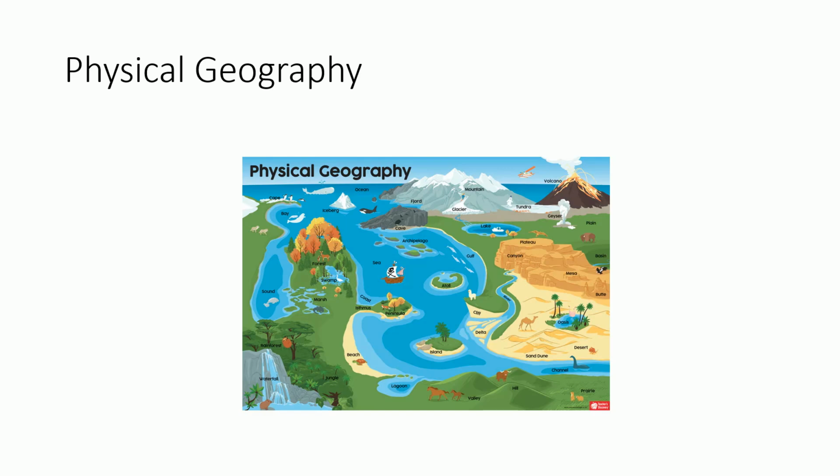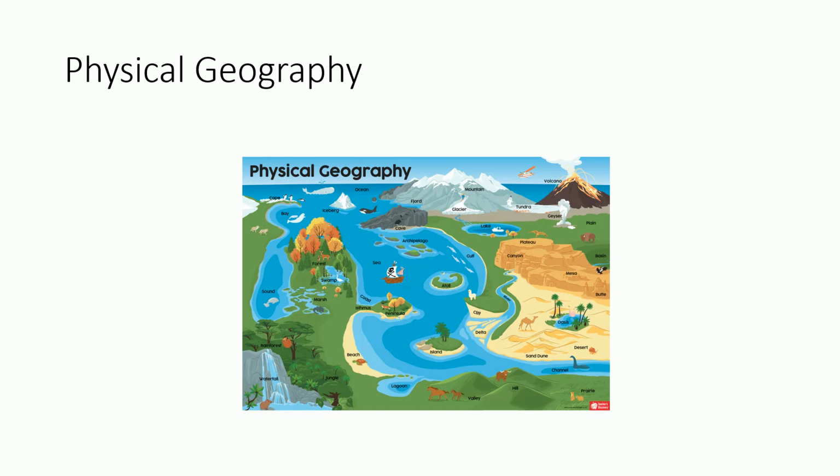So the water features like understanding the difference between a bay, a sea, and a lagoon. Land features that will help students understand the difference between a mesa and a plateau, what makes a mountain versus a glacier, so on and so forth.